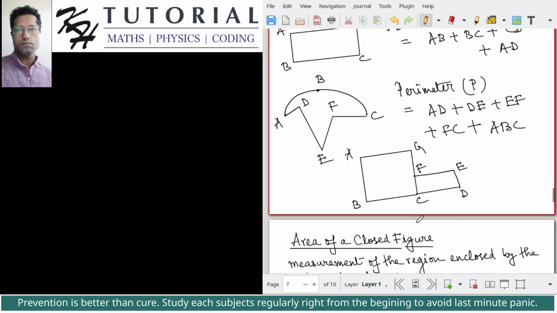Remember that perimeter is defined for a figure. Any figure has a perimeter, that is the length of its boundary. Given a figure, you must properly understand what its boundary is.